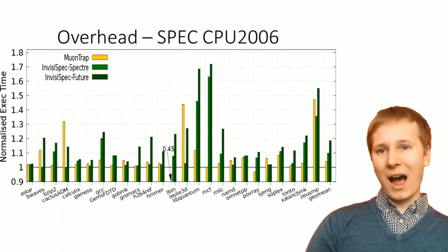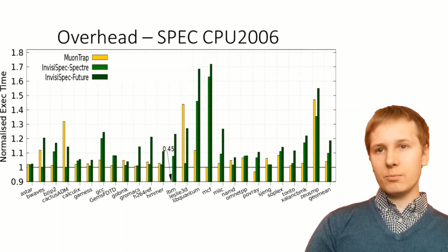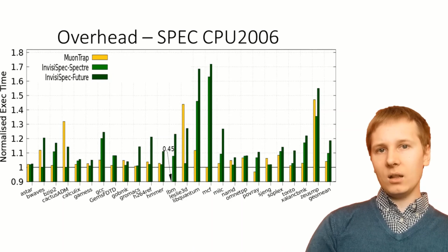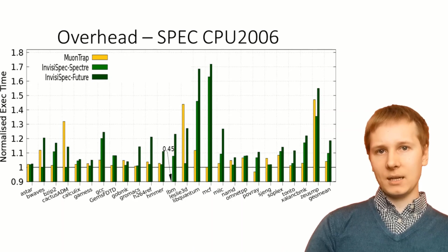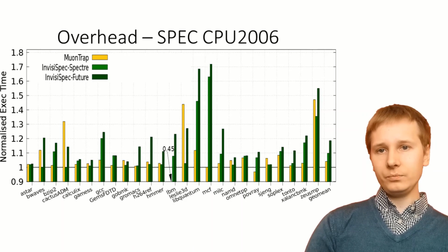MuonTrap can sometimes show higher overheads, since it covers more than just the data cache hierarchy and handles the prefetch mechanism. Still, this is rare, as it's usually outweighed, for example, by allowing the filter caches to participate in coherence and by not clearing state on misspeculation.